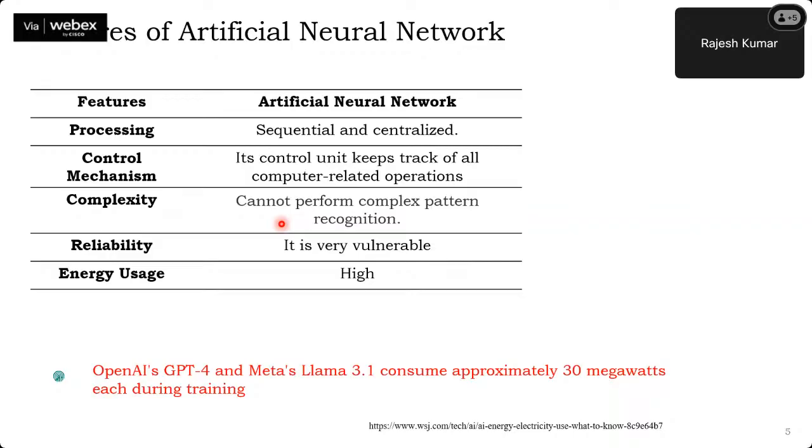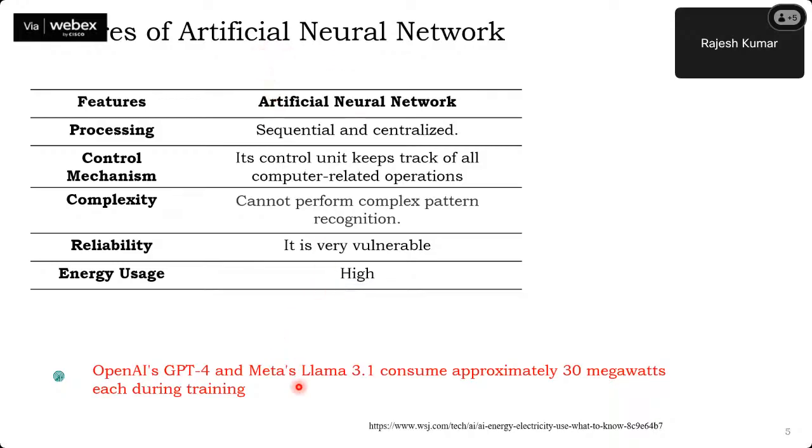In the initial stages, if you see the literature, people made fatter neural networks, but now they are going for deeper or longer neural networks, which is a deep learning kind of setup. Reliability is still a challenge, and the energy use is very high in these kinds of arrangements.